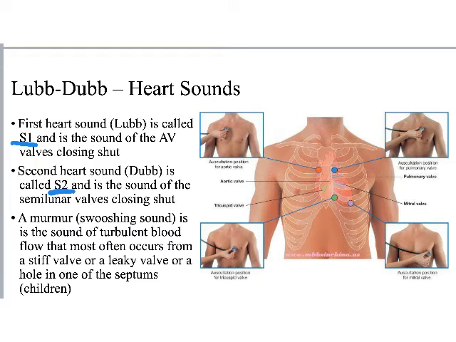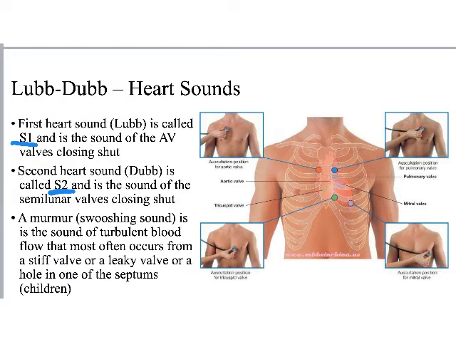Sometimes if the valves leak, you actually hear blood flowing backwards through the valve. It's not supposed to happen, right? The valves are supposed to prevent backward flow, but sometimes they get weakened and allow a little bit of backward flow, and you'll hear a swishing sound that we call a murmur. Sometimes there's a little hole, maybe in the interventricular or interatrial septum, and blood flows through that little hole and makes that swishing sound, what we call a murmur.